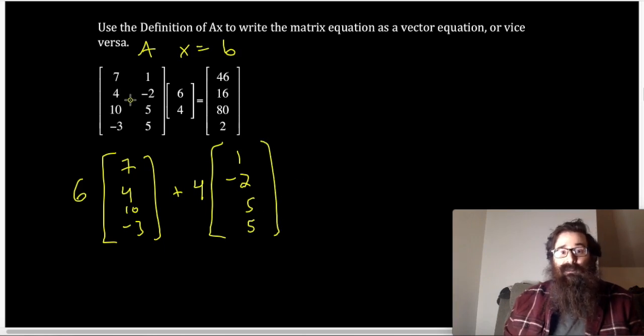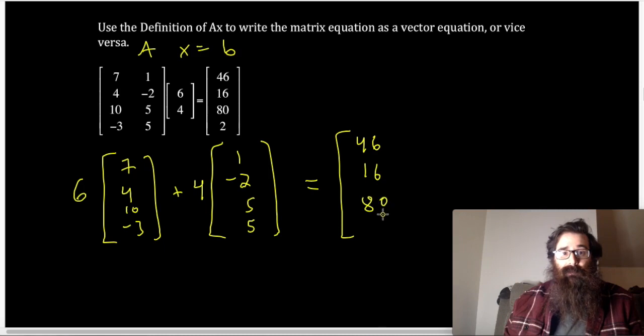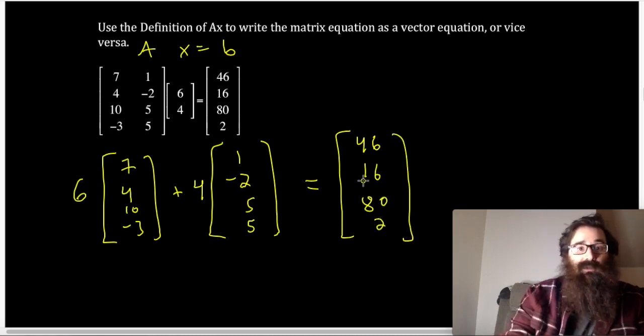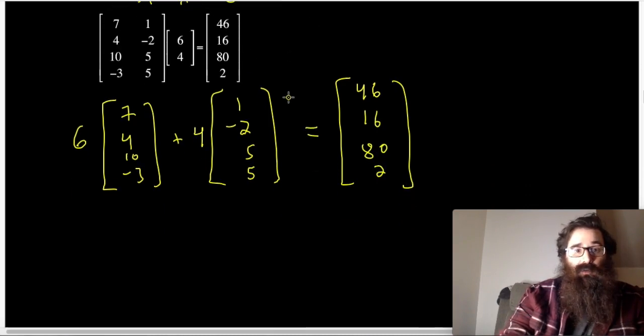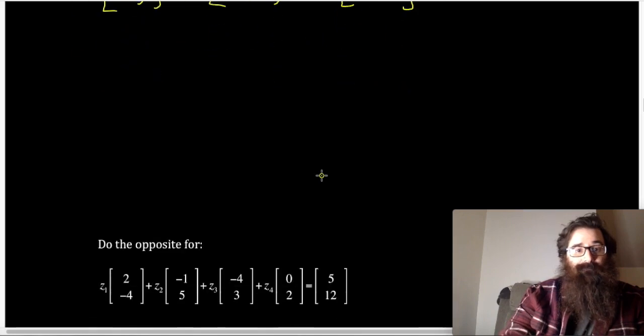And then this should be the same way of writing what I have on the left, and this should still be equal to this vector that I have with entries 46, 16, 80, and 2. So just another way of writing this. I took the matrix equation that I was given, and now I have it written as a vector equation. This is our vector equation.